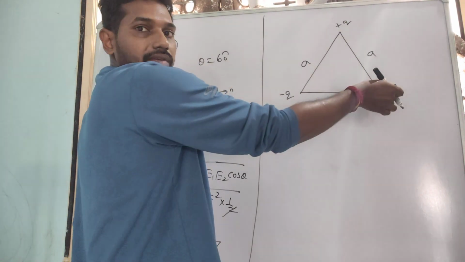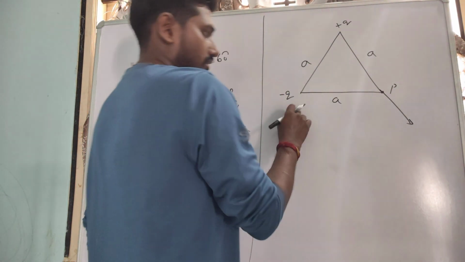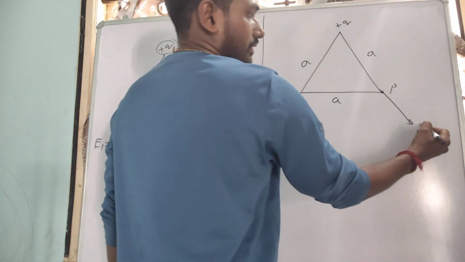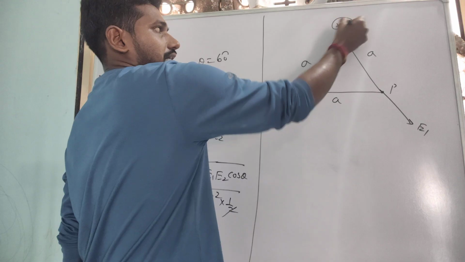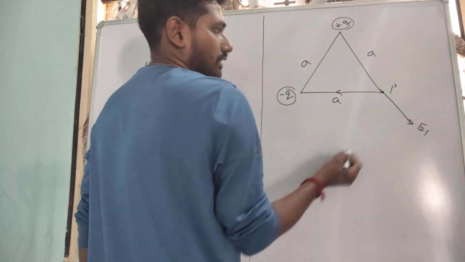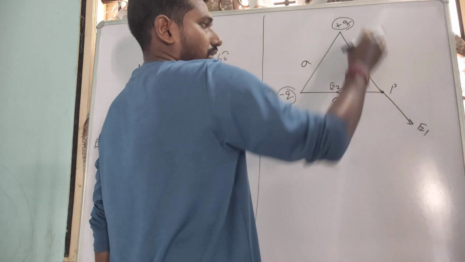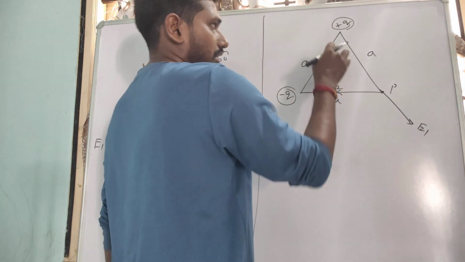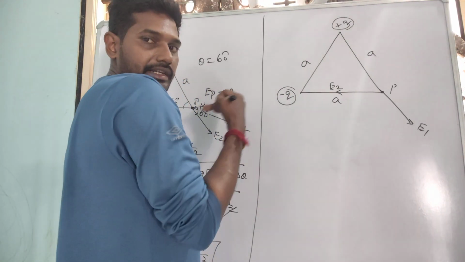The positive charge electric field direction is radially outward. So for example, electric field E1. And here the negative charge has radially inward direction, towards this one. So this is E2. The positive charge experiences the electric field E1, the negative charge experiences E2.